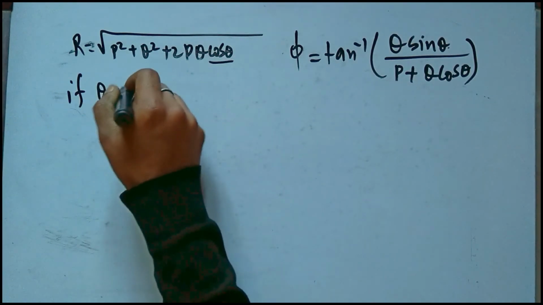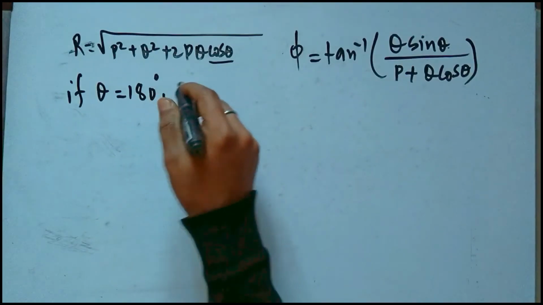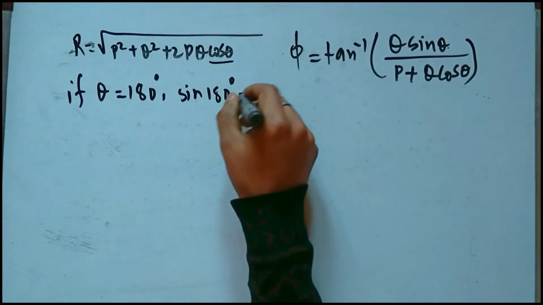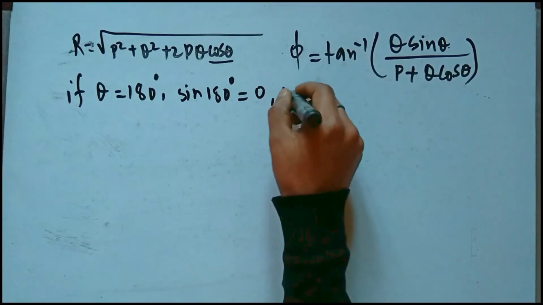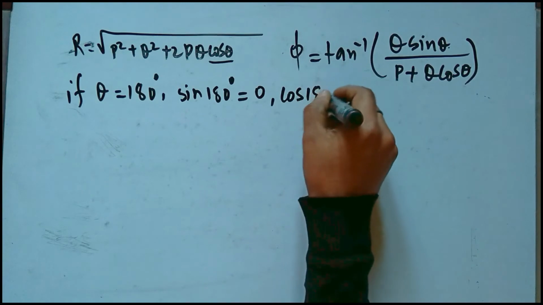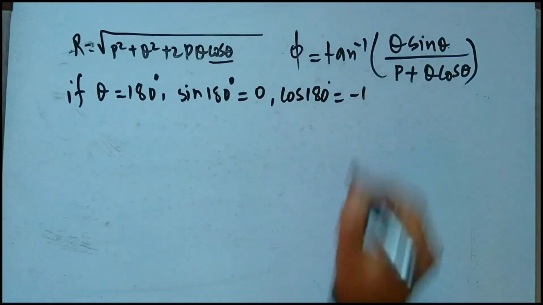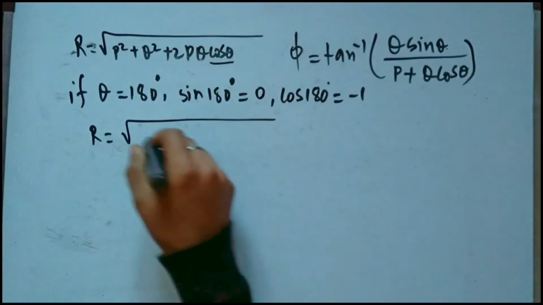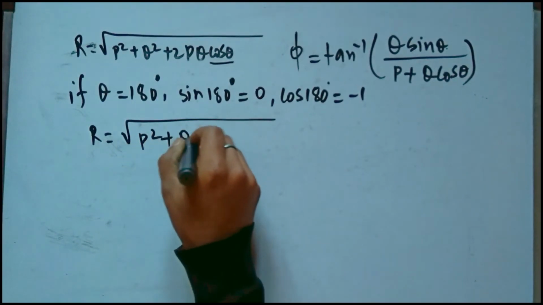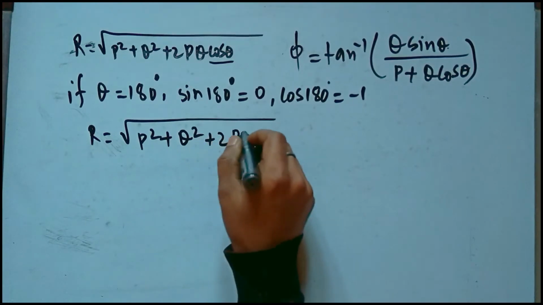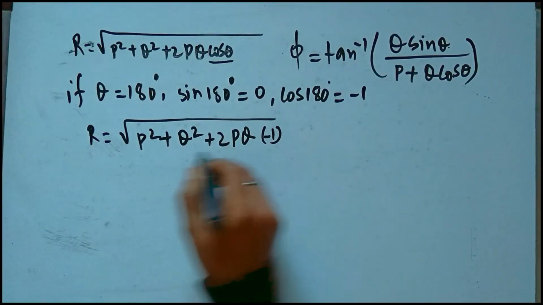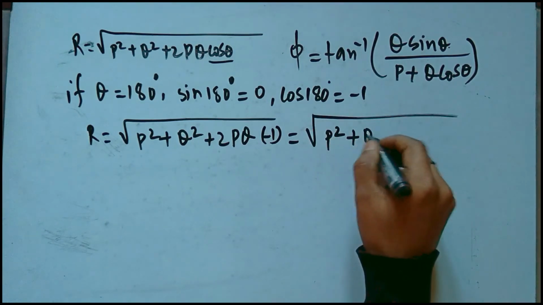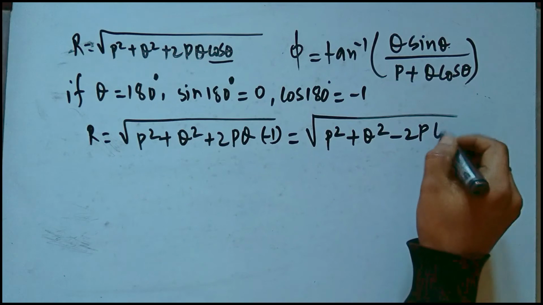If theta is 180 degree, then we know sine 180 is 0 and cos 180 degree is minus 1. So R squared equals P square plus Q square plus 2PQ times minus 1, which will be equal to P square plus Q square minus 2PQ.